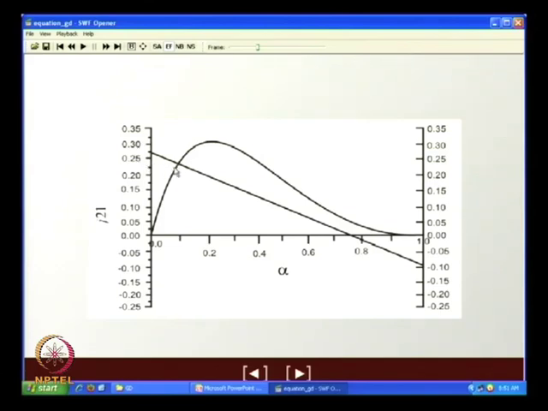Notice one thing very interesting, that no matter how much J1 is increased or how much J2 is increased, the point of intersection always lies along this particular portion, or in other words it lies for a small value of alpha where bubbly flow exists.